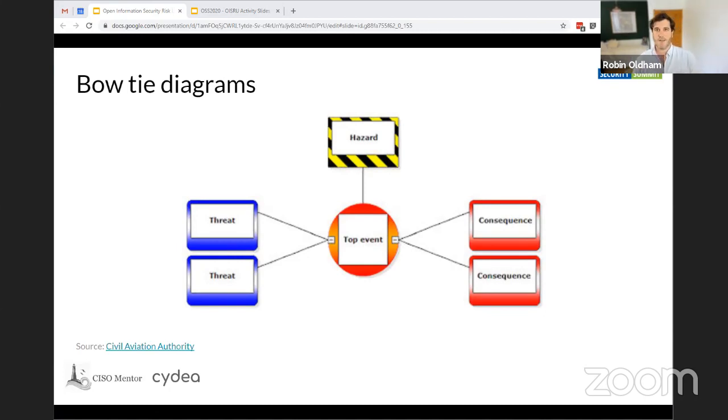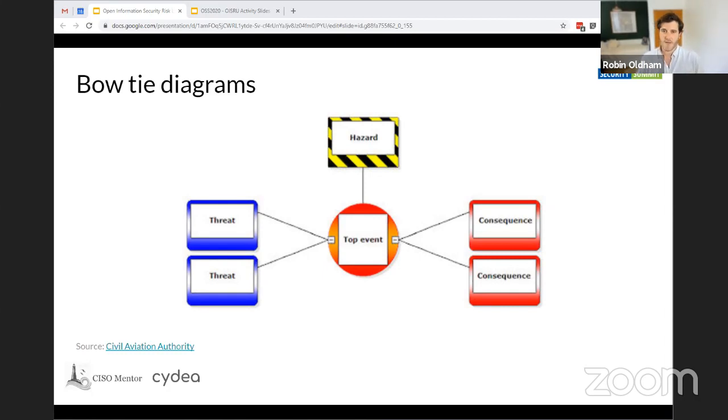So these are popular in the safety and hazard analysis disciplines, particularly popularized in oil and gas as a sector for looking at hazards there. They provide a way to visualize a risk scenario and explore what barriers, or security controls in InfoSec lingo, are in place, both pre and post the event. So, what can help reduce or eliminate the threat from causing the event in the first place, and what measures can help to reduce or mitigate the consequences stemming from the event.